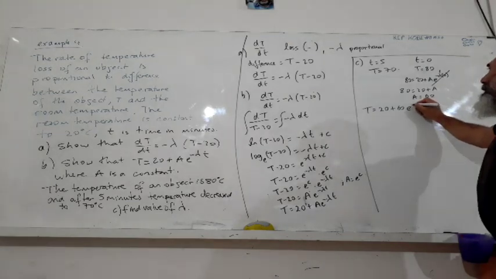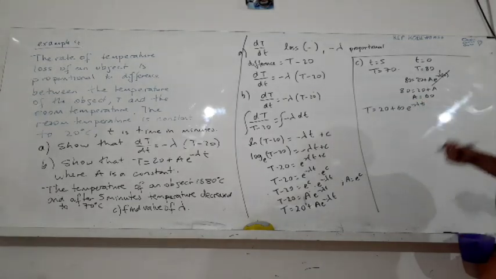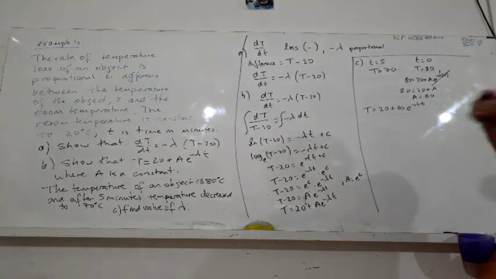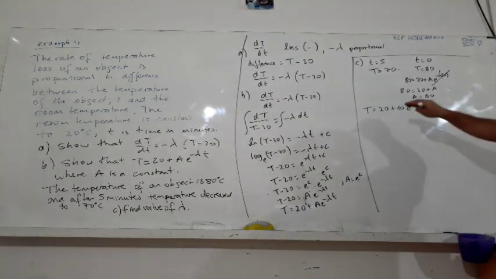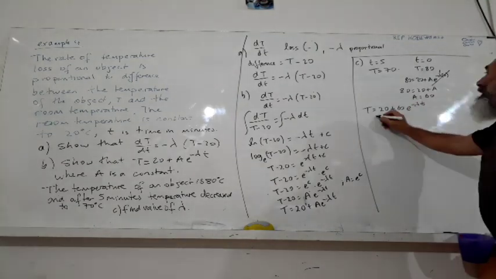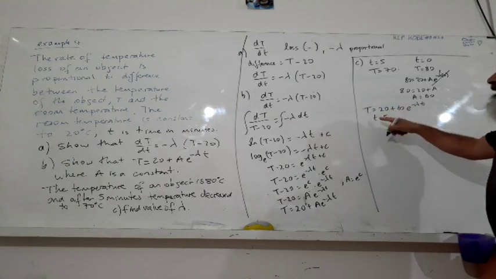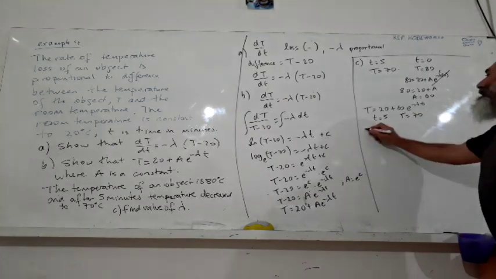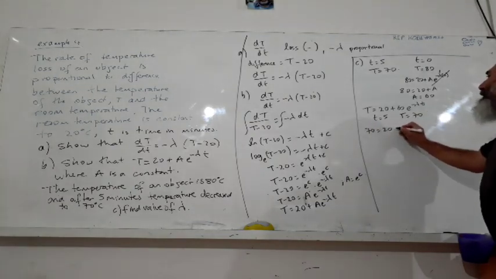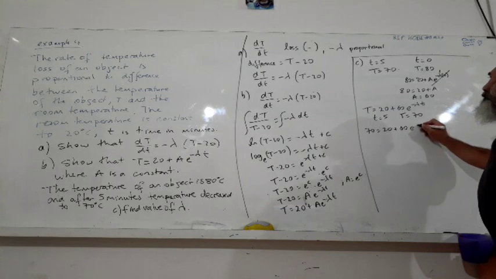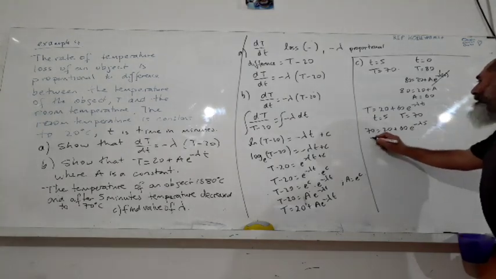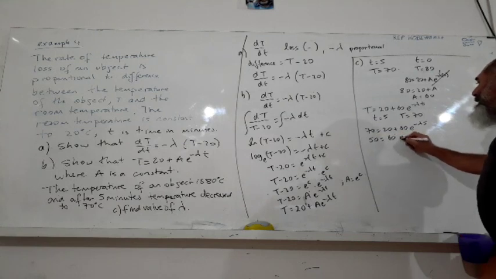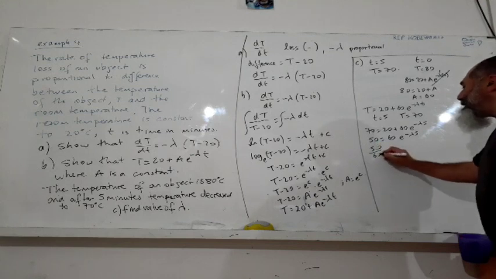Now it's time to use that information so that we can calculate the value for lambda. We know that when t is equal to 5, temperature is equal to 70. So 70 is equal to 20 plus 60 e to the power of minus lambda times 5. 50 is equal to 60 e to the power of minus 5 lambda. 50 over 60 is equal to e to the power of minus 5 lambda.